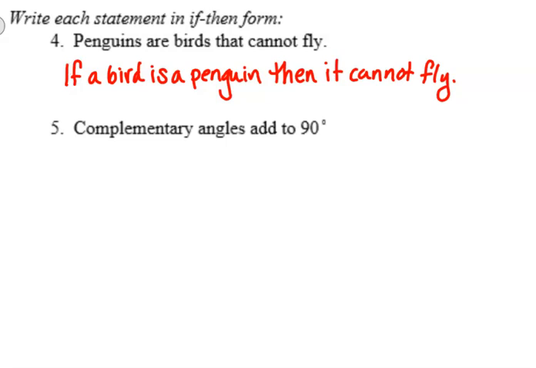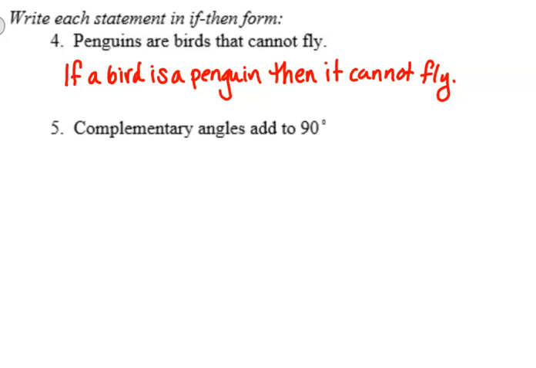So notice everything is roughly in the same order. I switched birds and penguins, but you're keeping the hypothesis and conclusion. So my hypothesis is still about the penguin. My conclusion is still about it cannot fly.